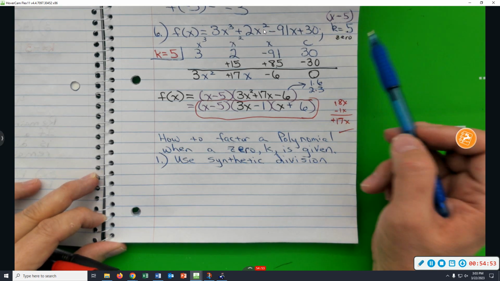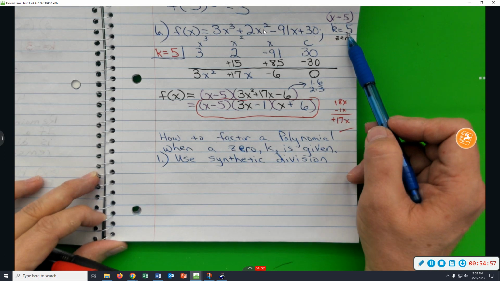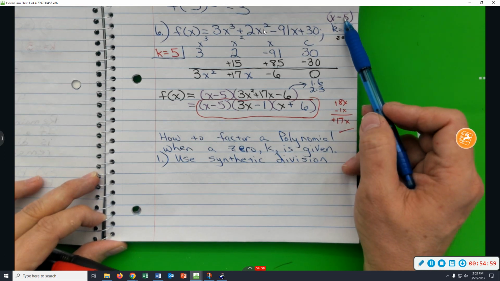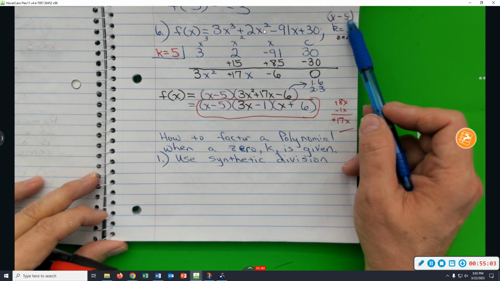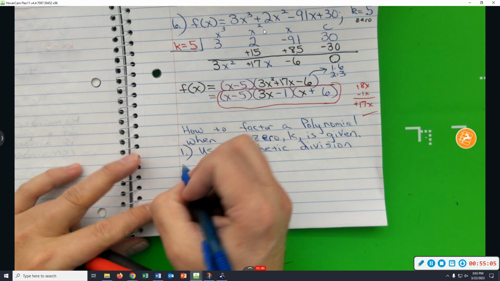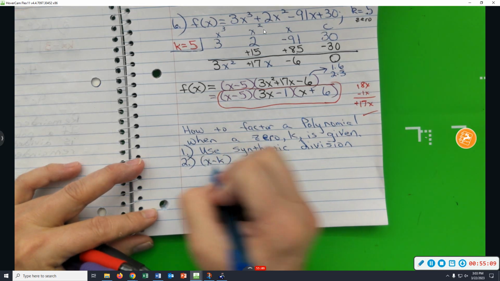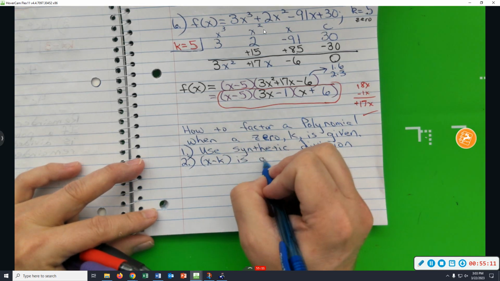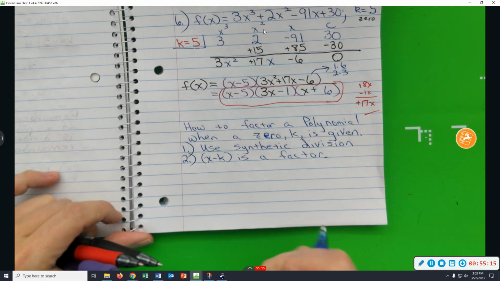It's x and exactly the opposite of the k value. Here the k value was a 5, and so it became minus 5. If that k value were a negative 3, it'd be x plus 3. So x minus k is a factor. I usually write that one first, but you sure don't have to.